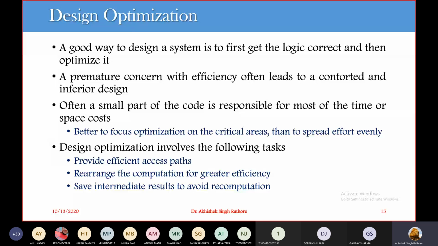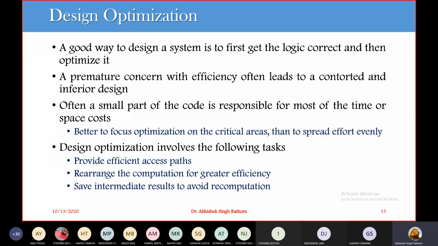Your analysis model captures the logic of your system, then our design model focuses on development details, and then we'll go for implementation. So we can optimize the inefficiency during our design classes.